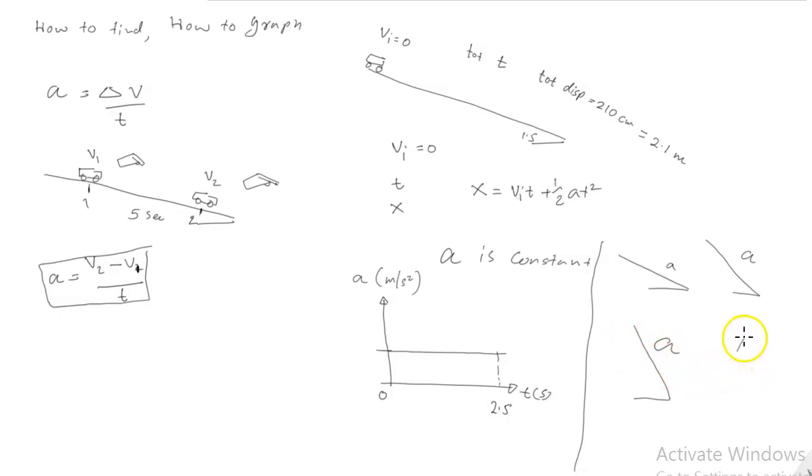If you place it at 90 degrees, I'm trying to draw a straight line here. For some reason I can't draw it, but the idea is you keep this ramp vertical, perpendicular to the floor. It's almost like not having a ramp at all. You just drop the cart, which we wouldn't do in this lab.